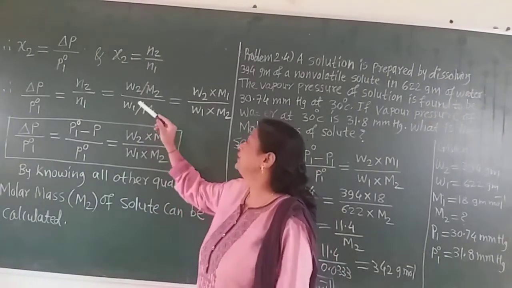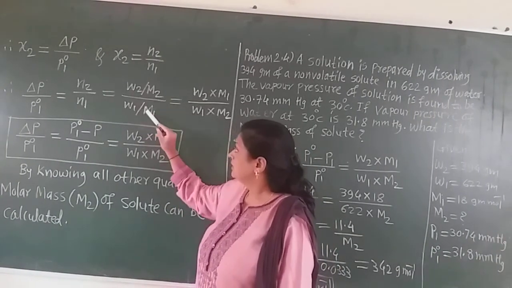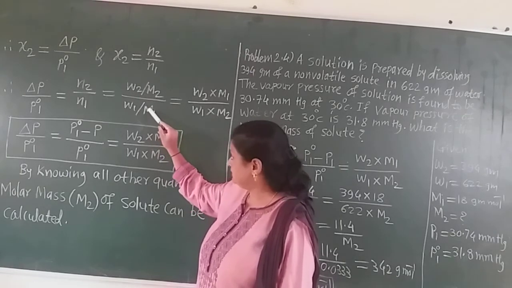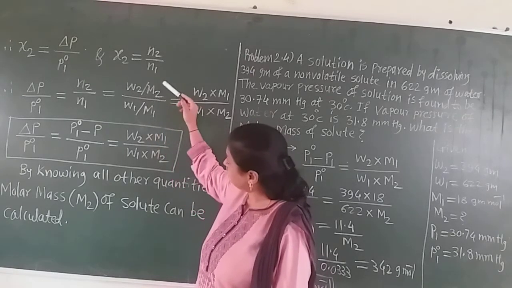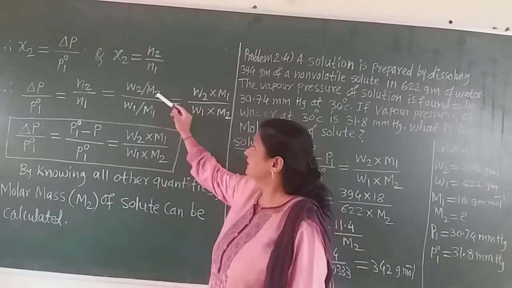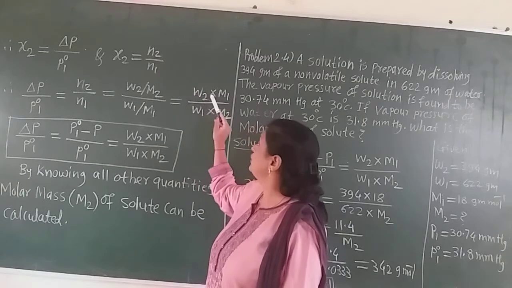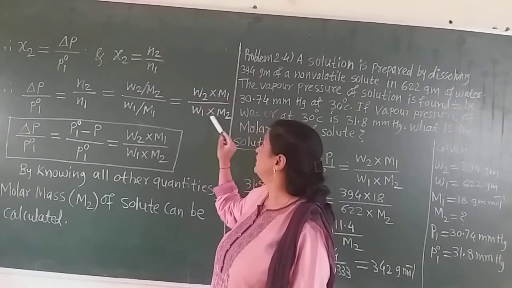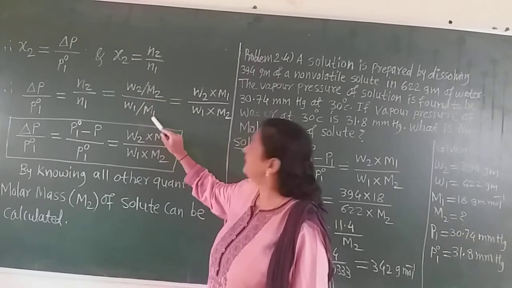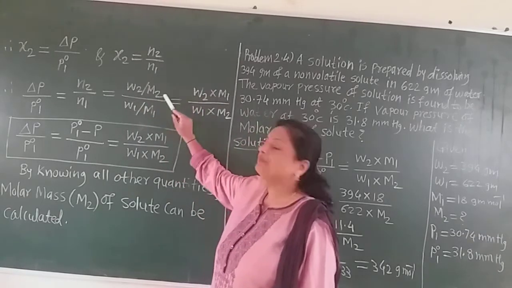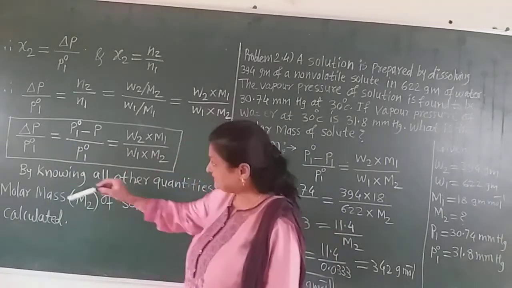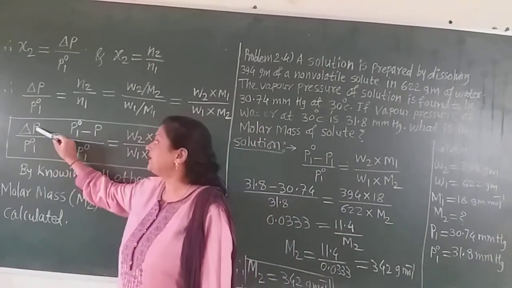Now this denominator goes to the numerator, and this denominator goes to the numerator, and this numerator comes here again as the denominator, this M2. So W2 into M1 divided by W1 into M2. This becomes W2 into M1 and W1 into M2.